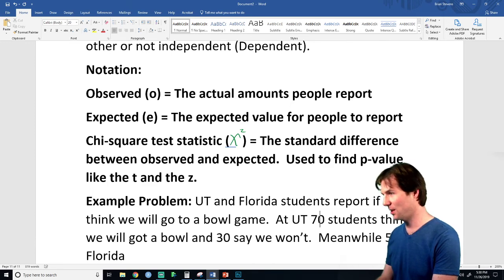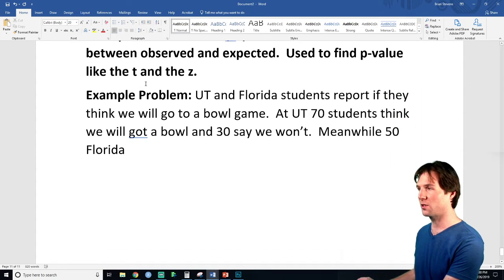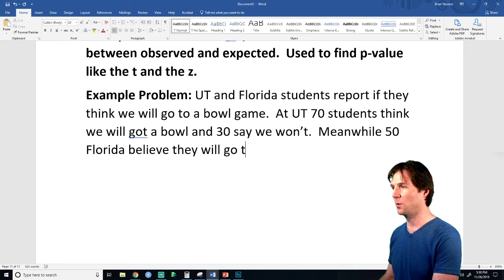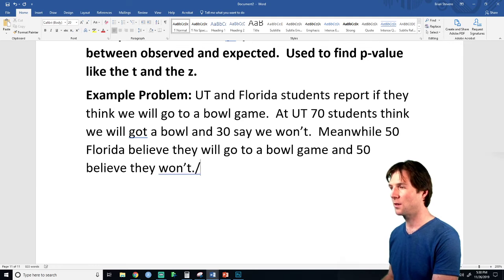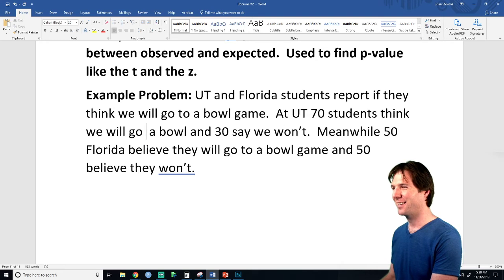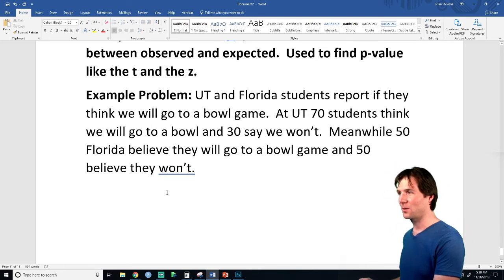Meanwhile, 50 Florida students believe they will go to a bowl game, and 50 believe they won't. These students were taken randomly.